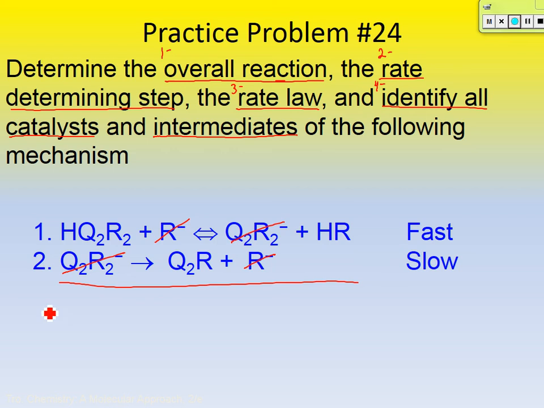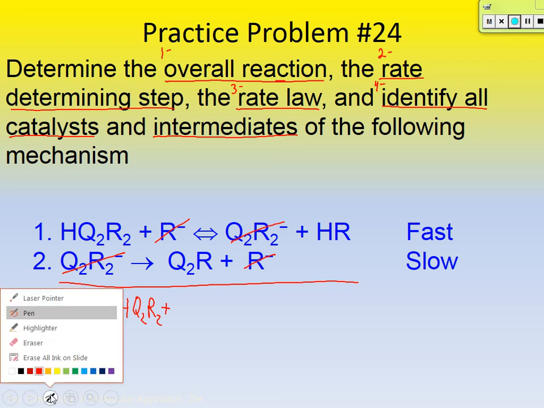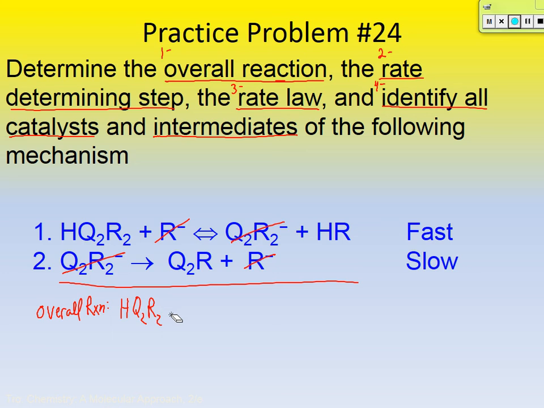So now to write the overall reaction, it looks like I'm just left with HQ2R2 plus, well, actually there's nothing else on the left side of the arrow, so that's the only reactant that we have, so I'm going to erase that plus sign.